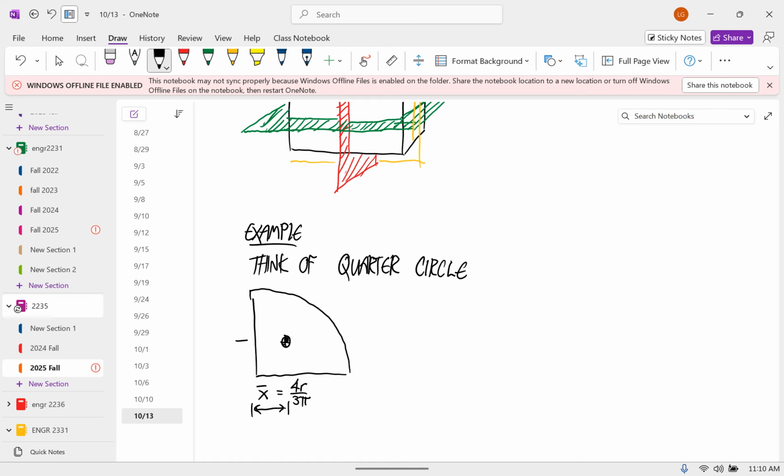And then if we call this y bar, what's y bar equal to? Well, you can see that this is a line of symmetry. Okay, that's the line y equals x.